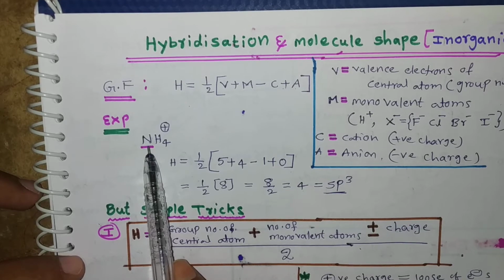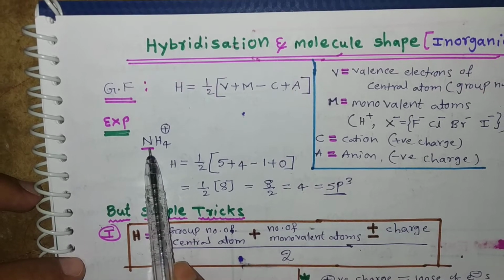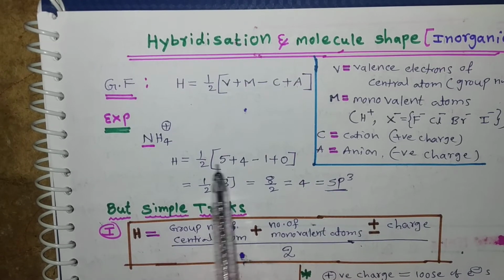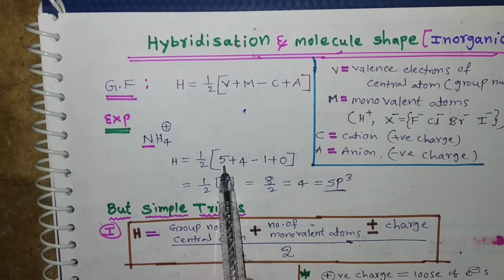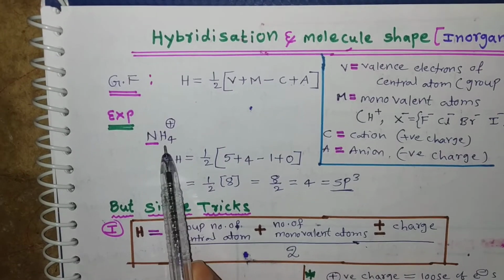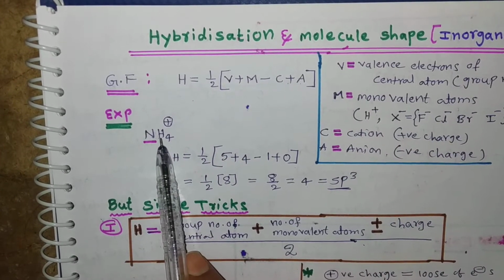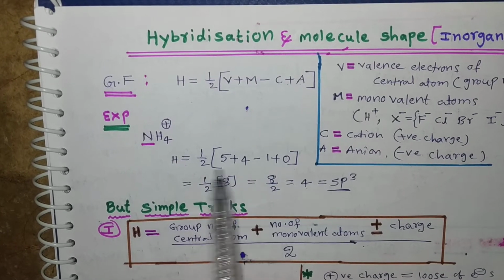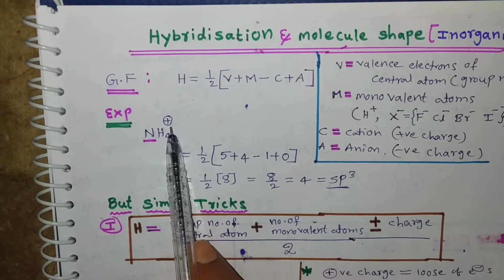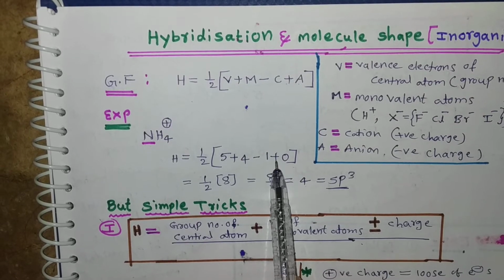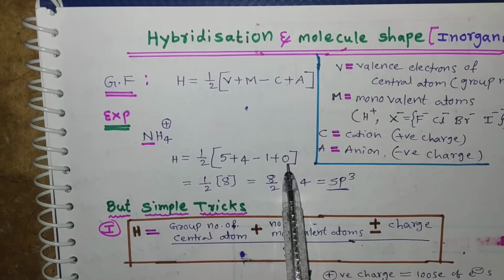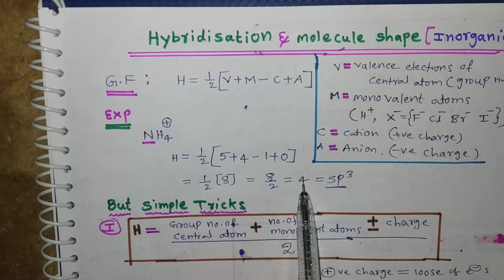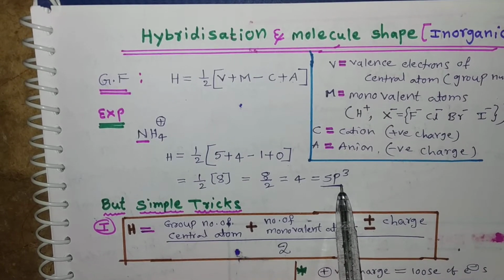Now in this formula, the central atom group number 5 plus monovalent hydrogens, how many? 4, minus positive charge value 1, plus anions 0. So the value is 8 by 2 equal to 4. 4 means sp3 hybridization.